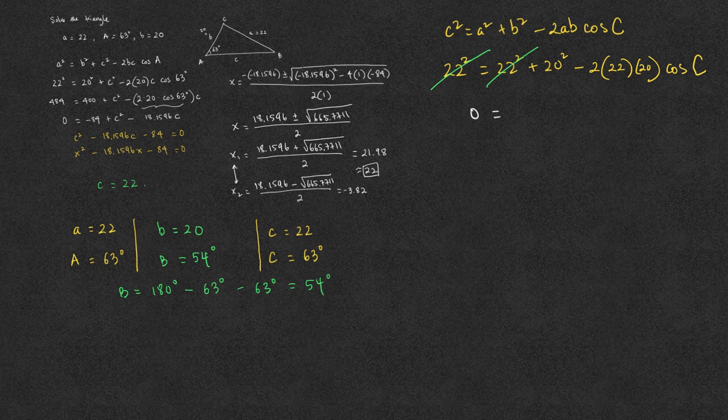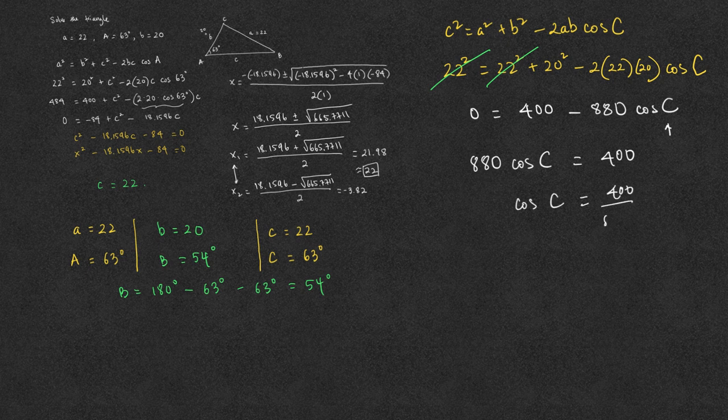We end up with 0 equals 400 minus 2 times 22 times 20, which is 880, times cosine of C. To find C, we first isolate the terms with C, so we move it to the left-hand side. 880 cosine of C equals 400 on the right-hand side. Cosine of C is 400 over 880, and so C is cosine inverse of 400 over 880.